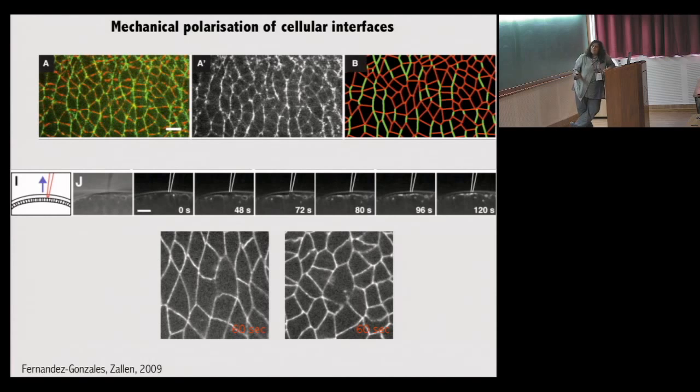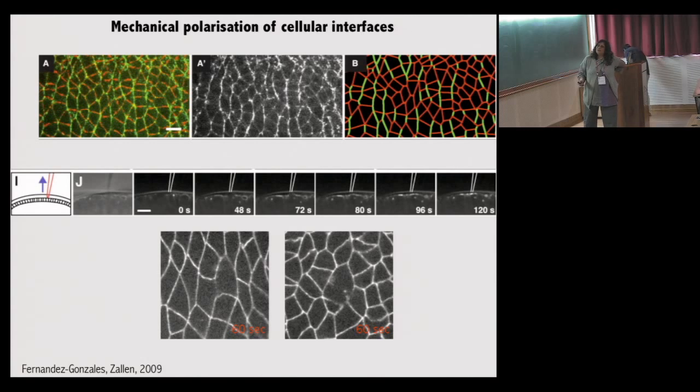And again, going back to mechanics, people have also shown that you can polarize myosin distribution by simply applying an external mechanical stress. So if you press on the region of the germ band using a micropipette, that's enough for you to recruit myosin tagged to GFP to those points.